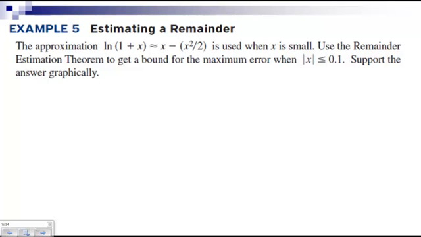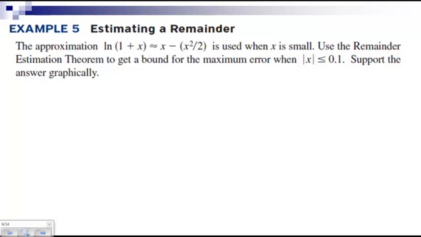Let's use that remainder estimation theorem and calculate how big the remainder can get. And then let's actually compare the natural log function to this polynomial estimate and see how close they are.